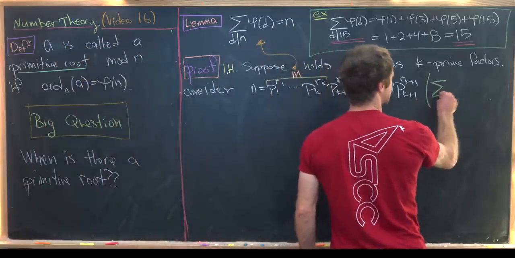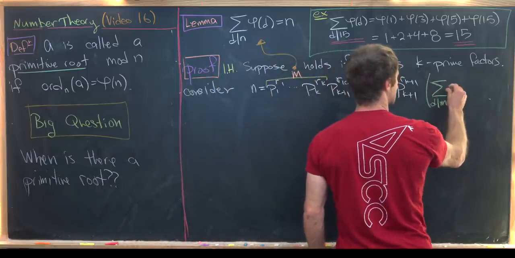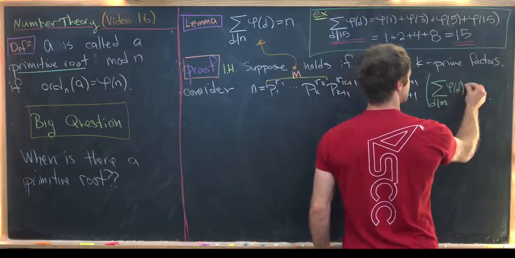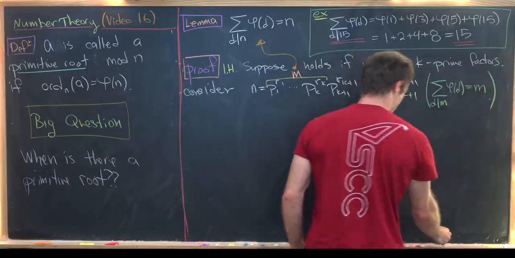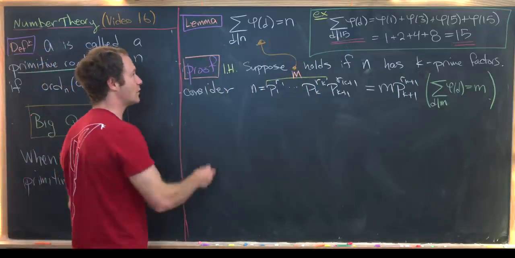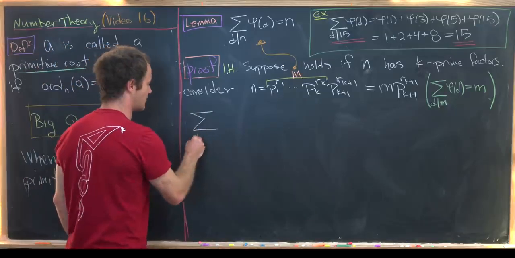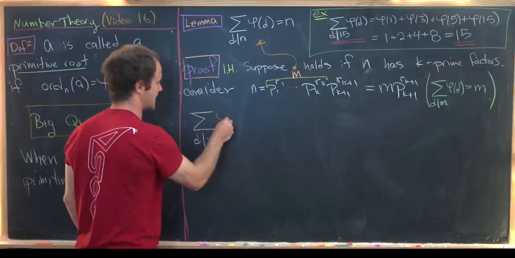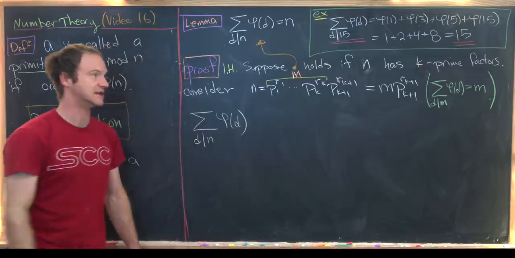So if we take the sum over all divisors of m of phi of d, we get exactly m. So that's by our induction hypothesis. Okay, so now we want to start taking the sum over all of the divisors of n of phi of d.